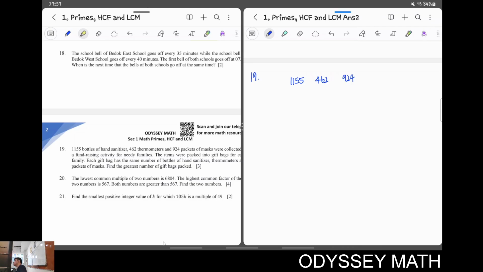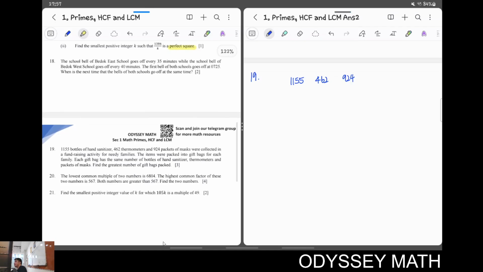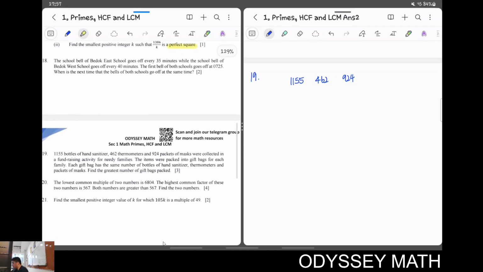The reason why this is HCF, right, is because each gift bag has the same number of bottles of hand sanitizers, thermometers, and packets of masks. So in order for you to have the same number, you need to make sure that you find the HCF. So that is how things are. Then you can later find the greatest number of gift bags.